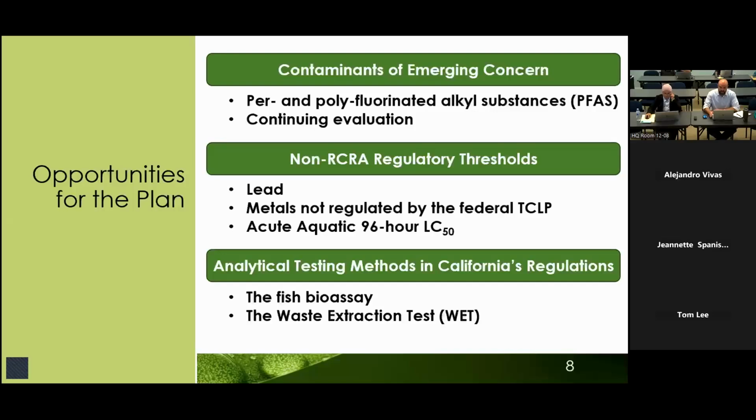For the fish bioassay, we're required to and have begun to look at alternative methods. And for the waste extraction test, or the WET, we are planning and conducting further research into how representative the test may be. For most of these, we've completed or nearly completed evaluations of their regulatory history. This was an effort that was needed to begin to rebuild institutional knowledge that had been scattered over the years.